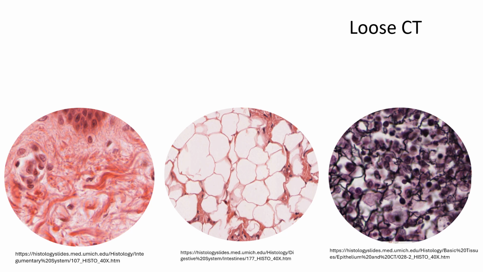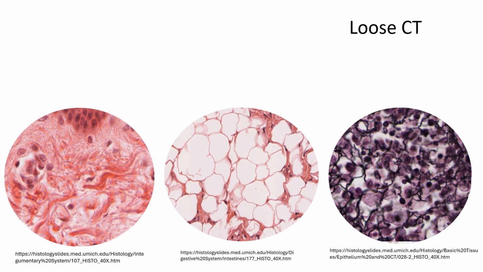The term loose applies to how the fibers, like collagen, reticular, and elastic fibers, are distributed throughout the tissue. In loose connective tissue, the fibers are not pushed up against each other. They form a loose network that suspends cells in the surrounding goo.